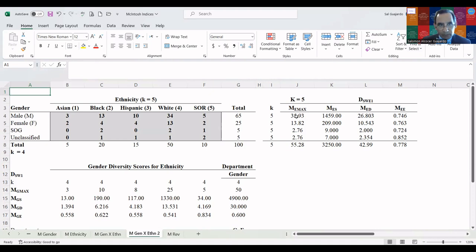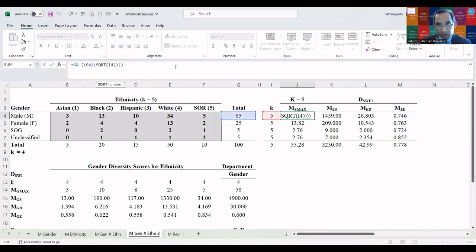So if I want to find the level of diversity for gender for males by ethnicity, again, I apply the formula to obtain the maximum value for the diversity score. It's going to be 65 minus 65 divided by the square root of 5.